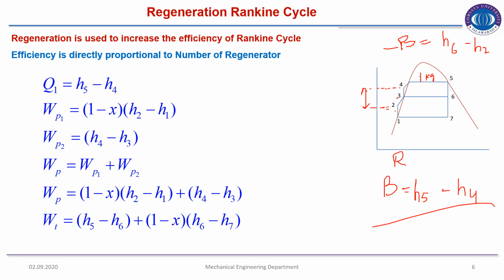So this is a turbine. Through the bleeder 0.3 kg mass is entering the regenerator, and 0.7 kg of mass goes through the condenser.